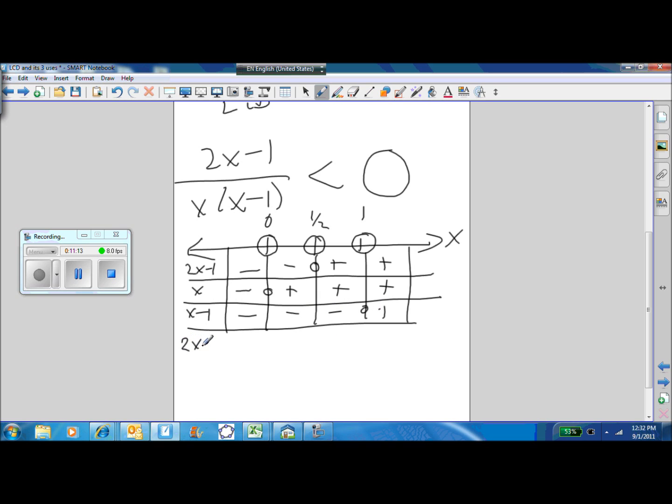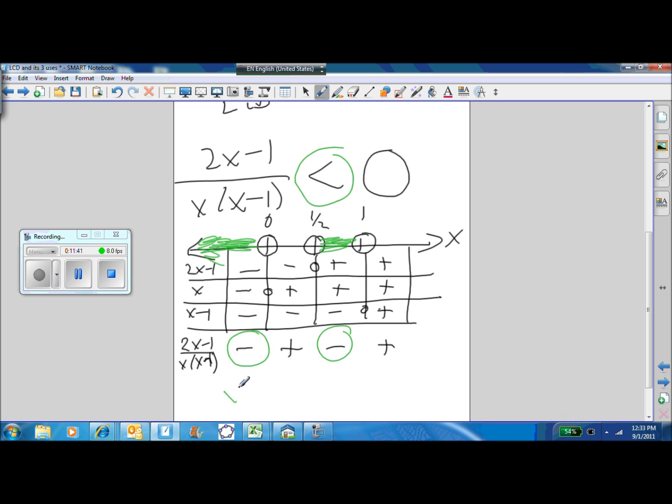So when I put them all together, you get negative; negative times positive times negative is positive; positive times positive times negative is negative; and three positives multiplied together make positive. So when is this thing negative? It's negative here and here. So we're going to shade in less than 0 or between a half and 1.